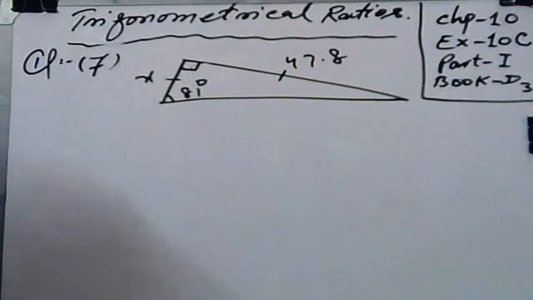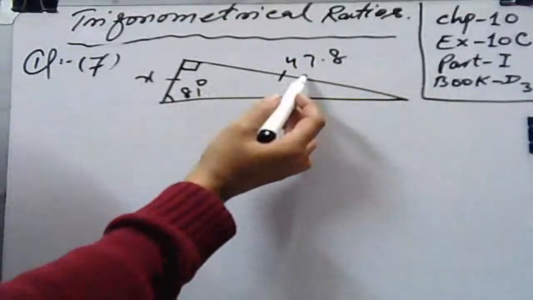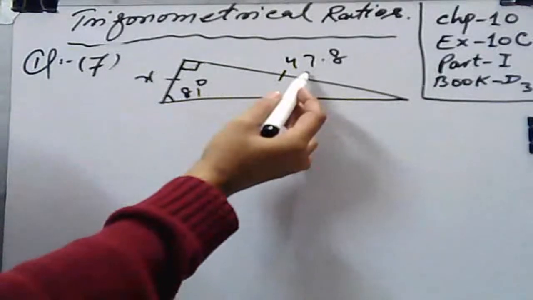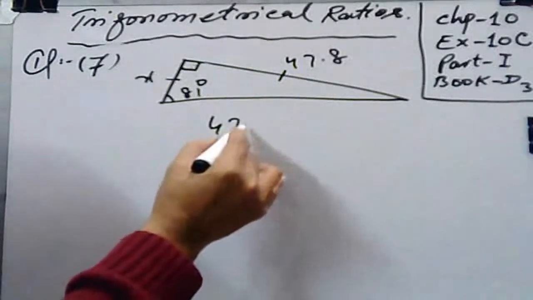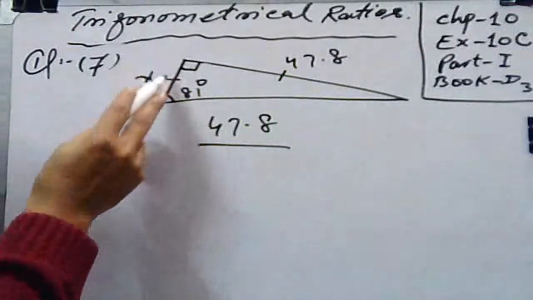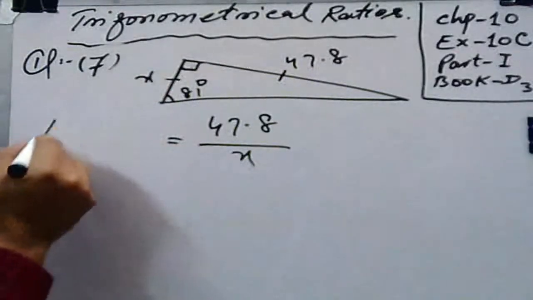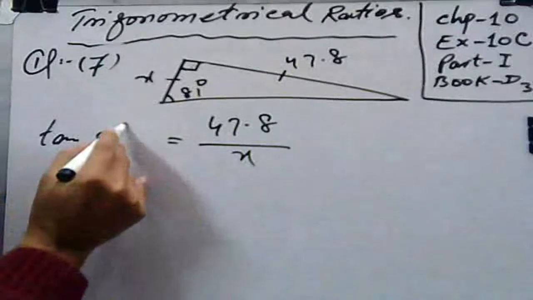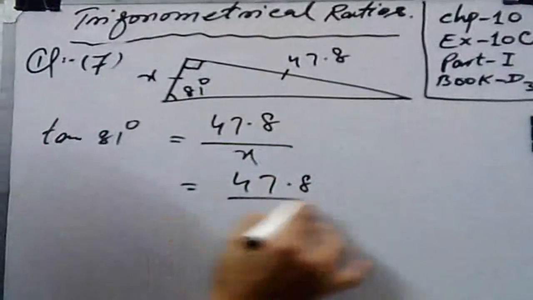We know that when we take this angle, the opposite side is known as perpendicular. So the ratio between perpendicular, your unknown side, and the adjacent is known as tan. So it means tan 81 degree. By using cross multiplication, x is 47.8 divided by tan 81 degree.